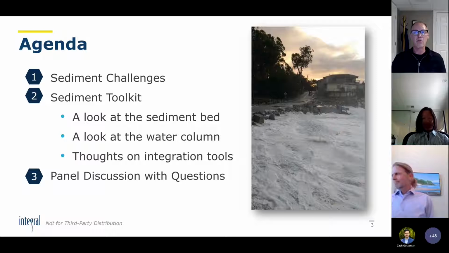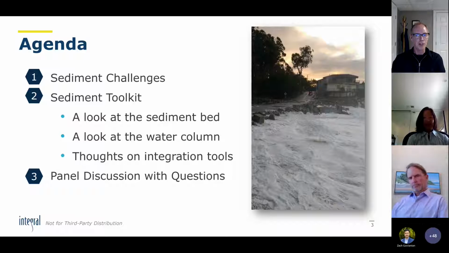So for today, we're going to discuss what challenges are commonly present in sediment sites, the impacts they can have on our sites, and then we're going to share some tools that have helped us manage these contaminated sediment sites and understand what is happening underneath the water surface. These tools have helped us reduce uncertainty at a site in order to determine and design the best remedial action, and also to identify whether those remedial actions were effective or not.